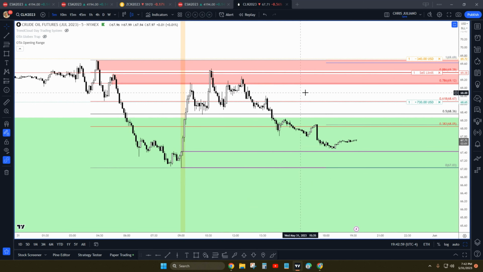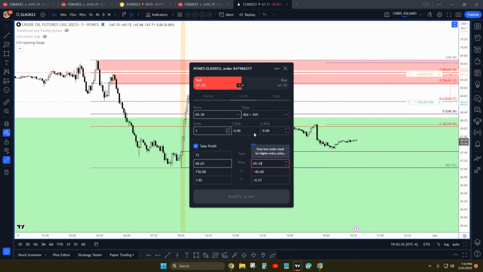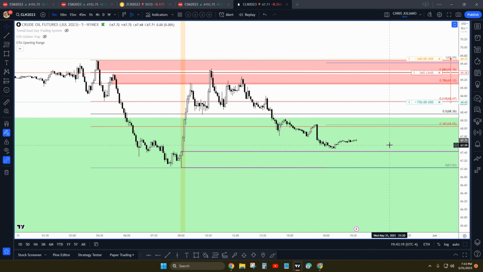Now, if I had two contracts on here, the procedure is once you hit that 2-to-1 entry, your stop loss goes to break even, a little bit lower than break even to cover any costs. And then when it hits the 3-to-1, then you would bring it to target 1. 5-to-1, you bring it to the next target.